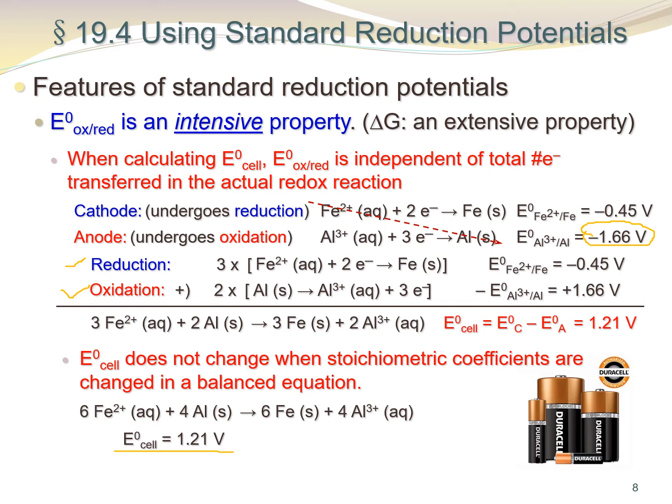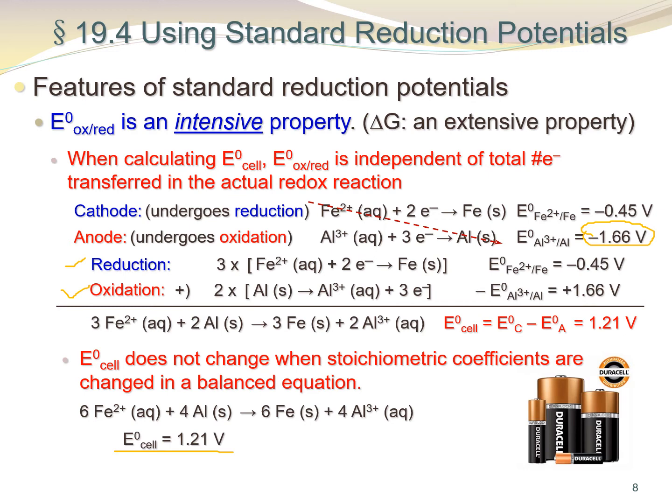Meaning, the voltage, the potential of the battery, is an intensive property. It does not rely on the size or the volume of the reaction. On the other hand, delta G is an extensive property because the more reactants we have inside the battery, the longer the battery lasts.